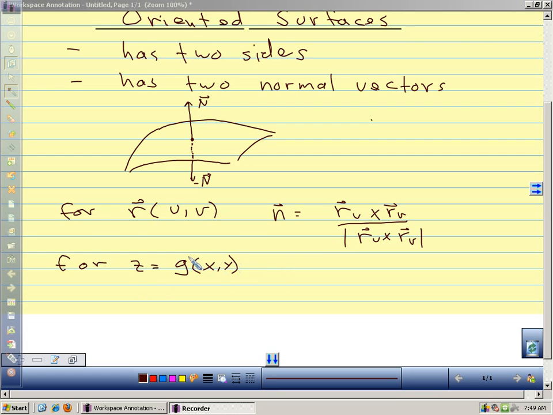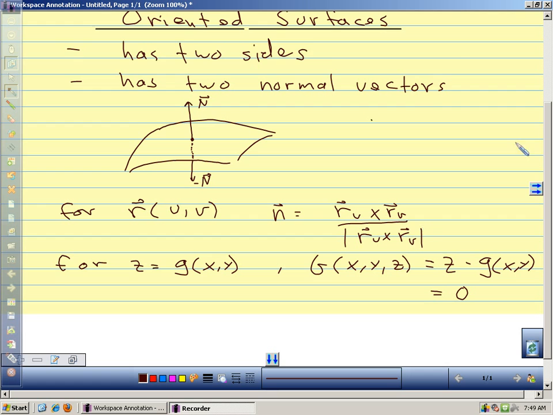So if we have our surface defined by z equals g of x, y, we say that g of x, y, z equals z minus g of x, y, and that equals 0.